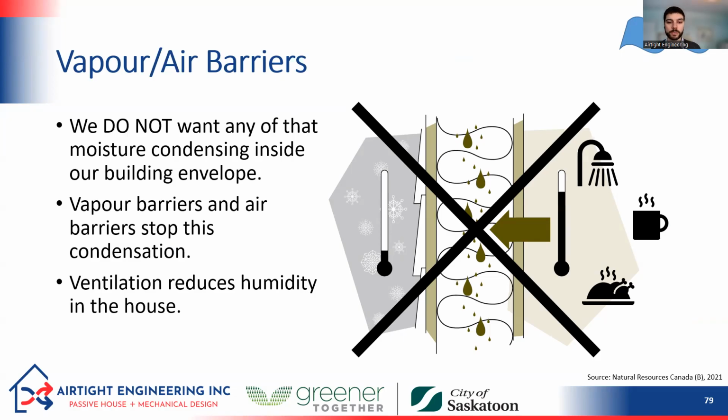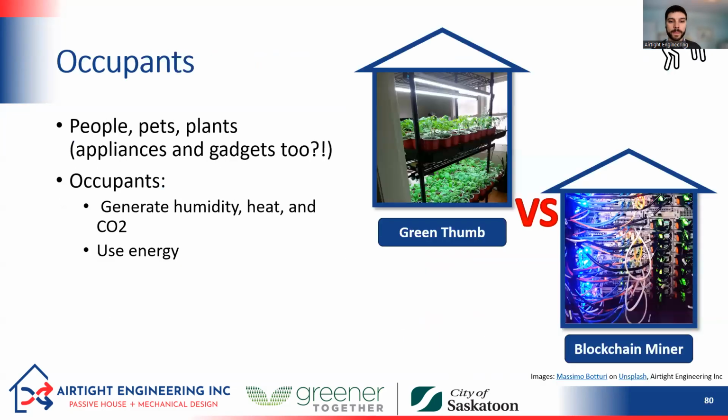So we want to somehow stop it with a vapor barrier as well. And our other tool to control any potential moisture condensing inside of our building envelope is to manage the humidity in the air in the house, right? So to make sure we have good ventilation, we don't have an excess of humidity happening.